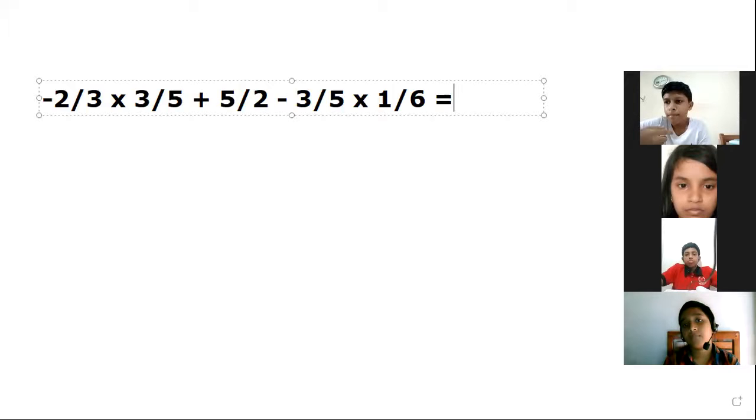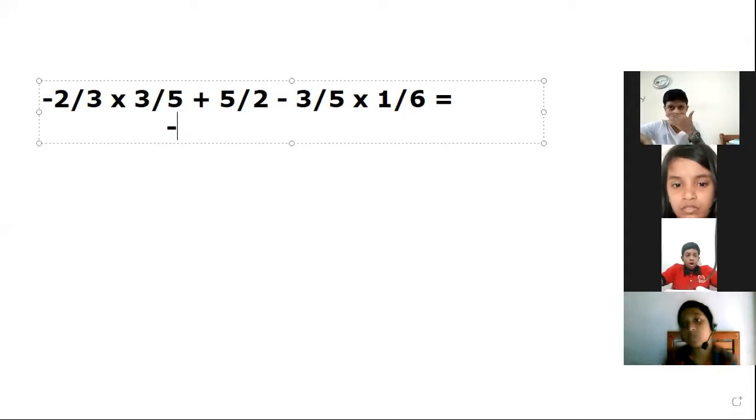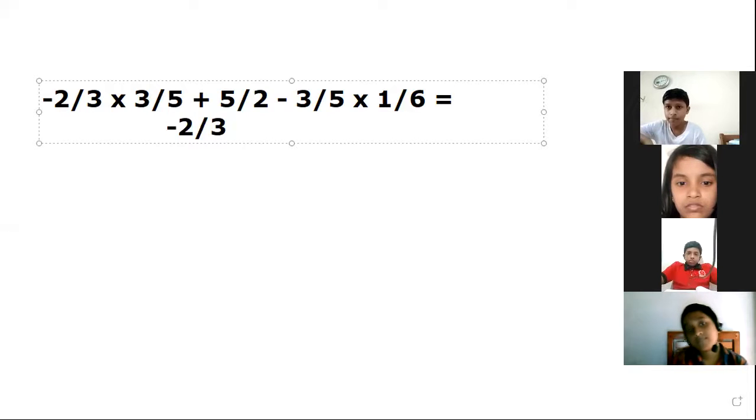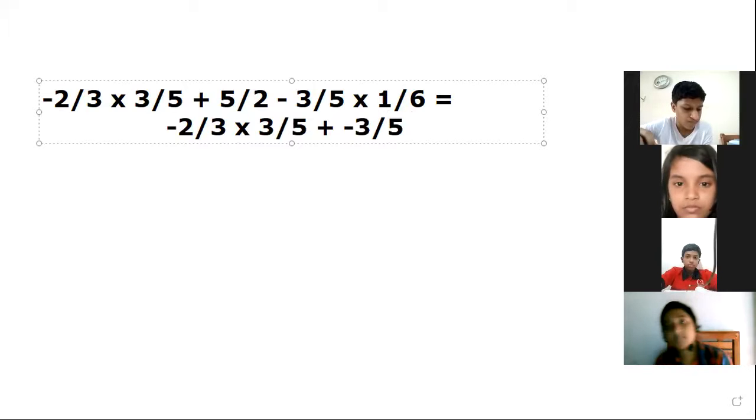First, I'm going to group minus 2 by 3 into 3 by 5 and minus 3 by 5 into 1 by 6 together. That is equal to minus 2 by 3 into 3 by 5 plus minus 3 by 5 into 1 by 6.